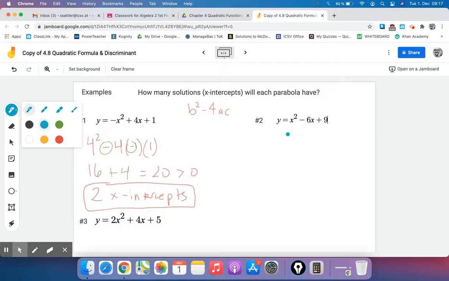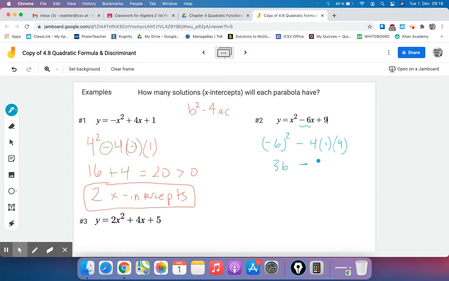So problem number 2, b squared. So this time b is negative, so we're going to do negative 6 squared. And we're still going to get a positive number out of that. Minus 4 times a times c. That's a 9. And so negative 6 times negative 6 is positive 36.